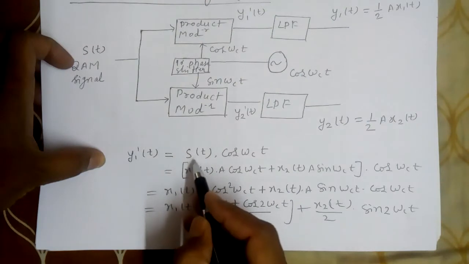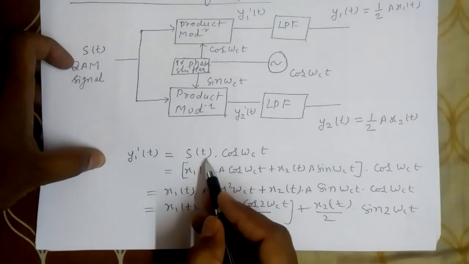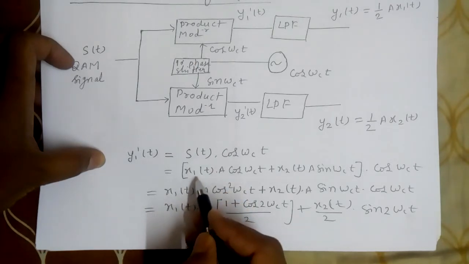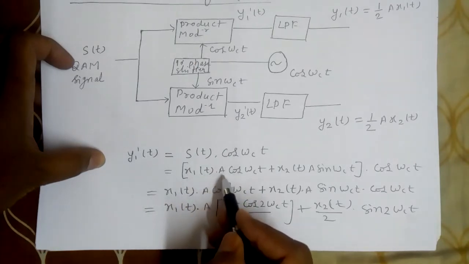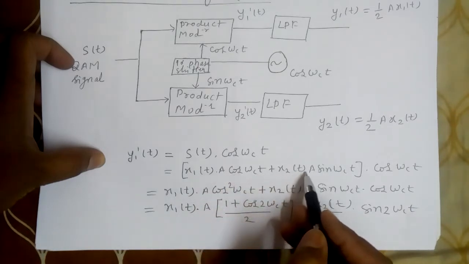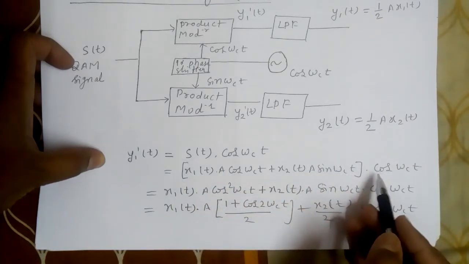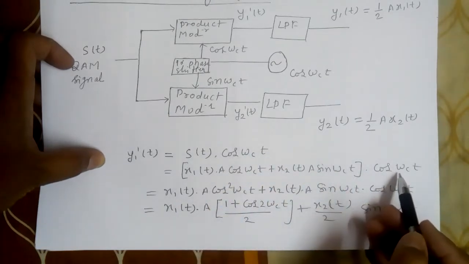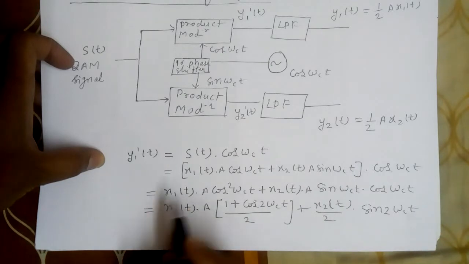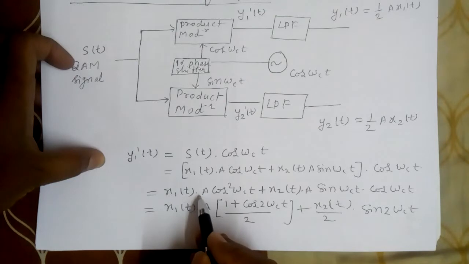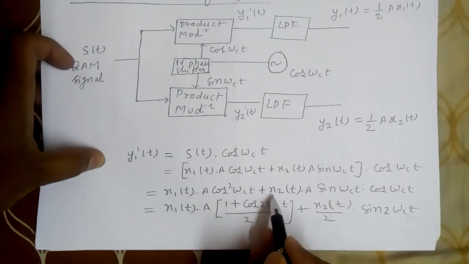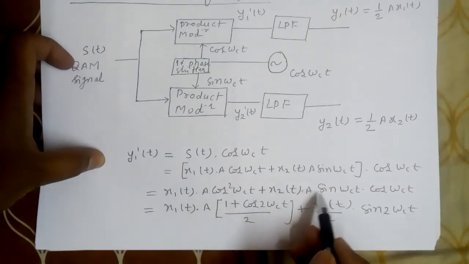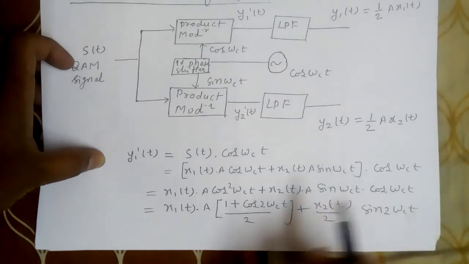So we have already evaluated the value of this st. So the value of this st is x1t into a cos omega ct plus x2t into a sin omega ct, and put this into cos omega ct. So further simplification, we get x1t into a cos square omega ct plus x2t into a sin omega ct into cos omega ct.